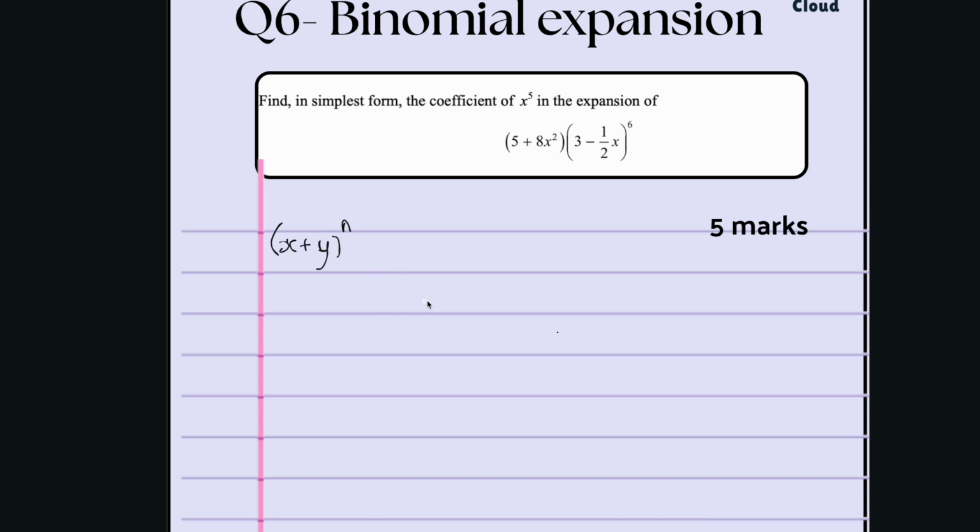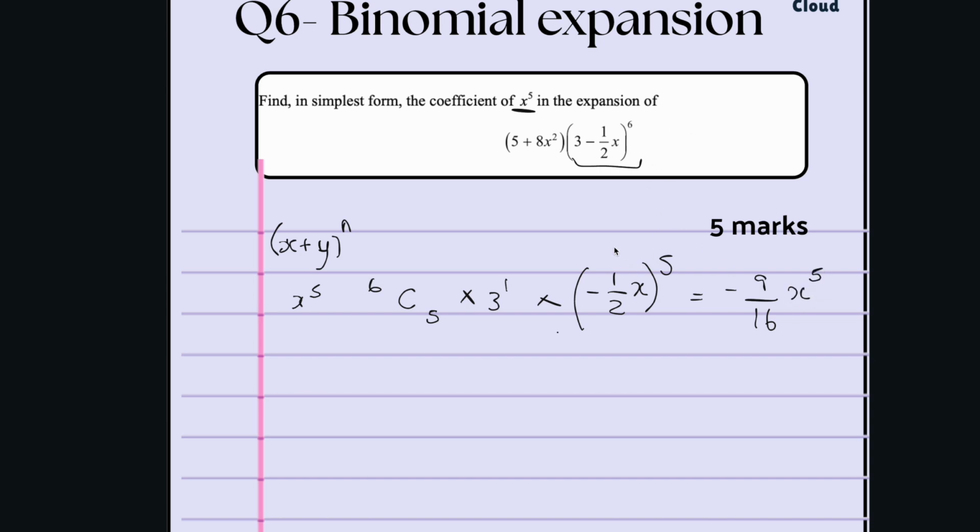Okay, so we want the x to the 5 term for this. So it's going to be 6 choose 5 times 3 to the power of 1 times minus a half x to the power of 5, and that's going to give us minus 9 over 16 x to the power of 5.